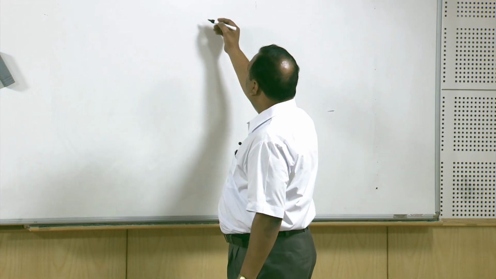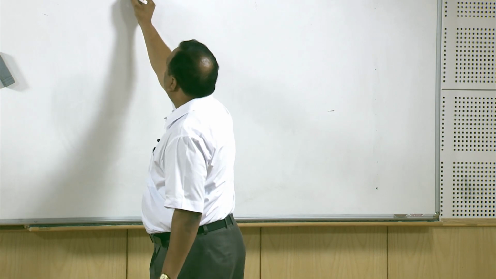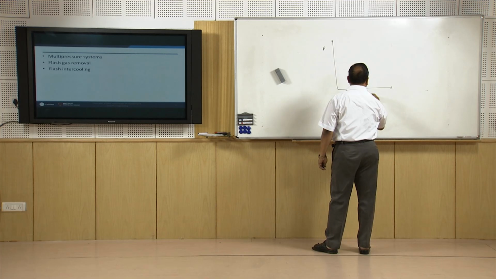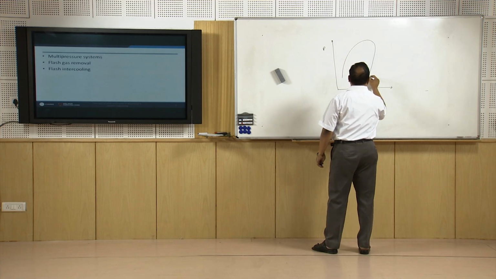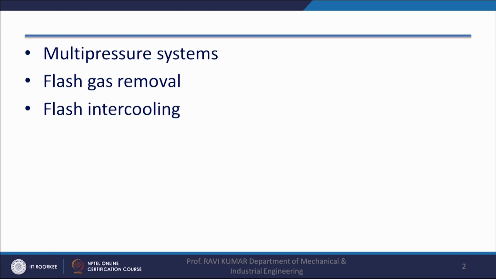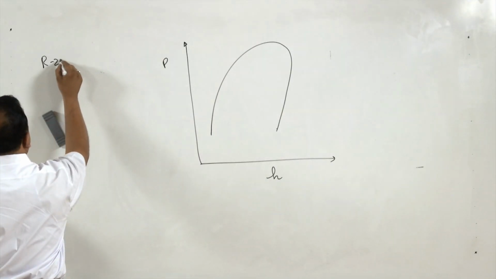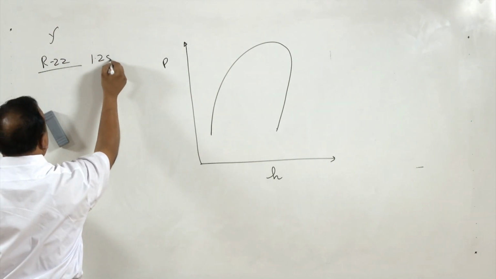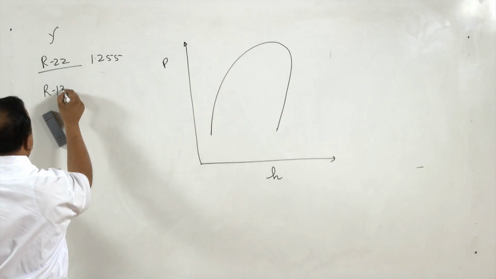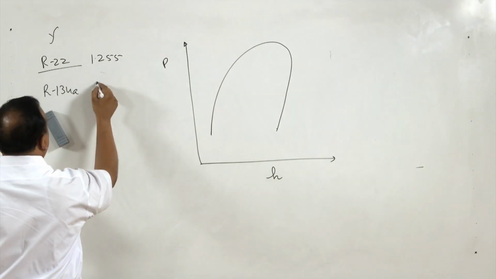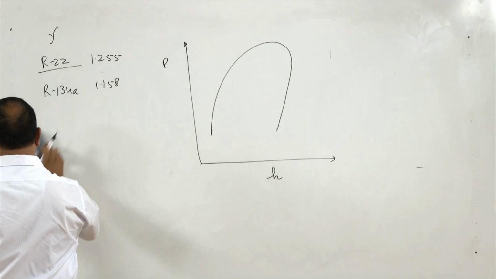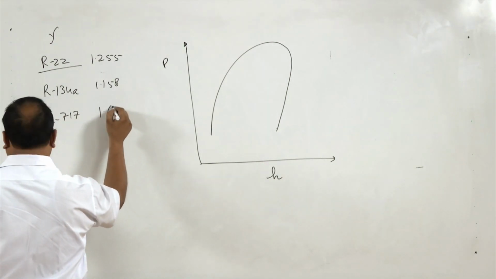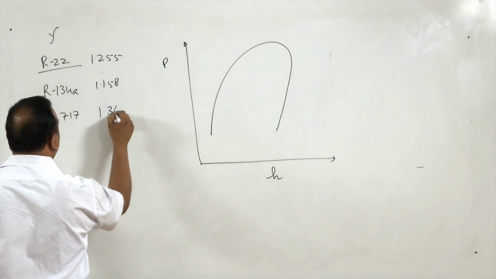Because what happens, if we look at the pressure enthalpy diagram for any gas, the value of gamma for R22 is 1.255, for R134A it is 1.158, for R717 it is 1.363.